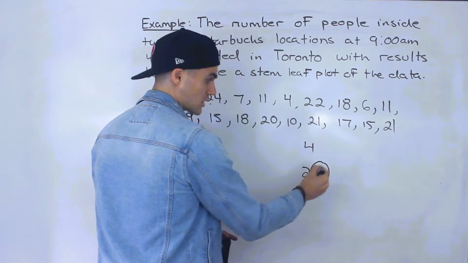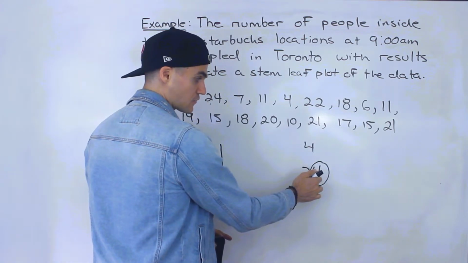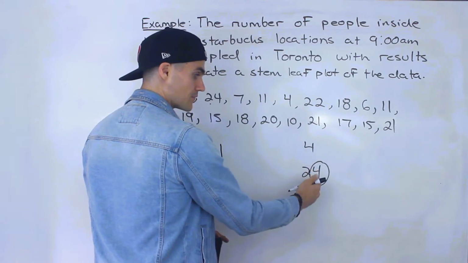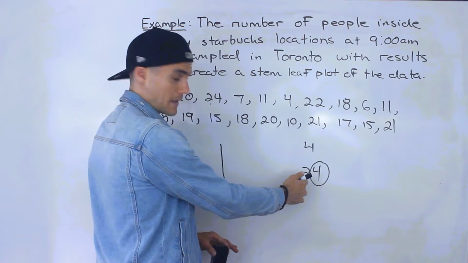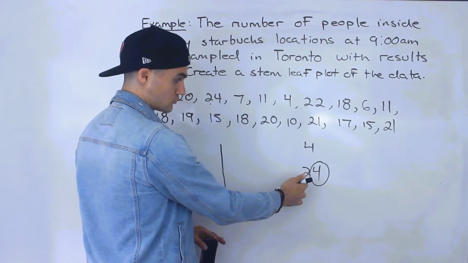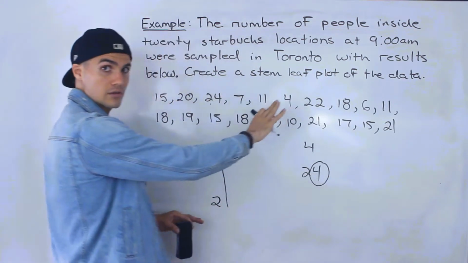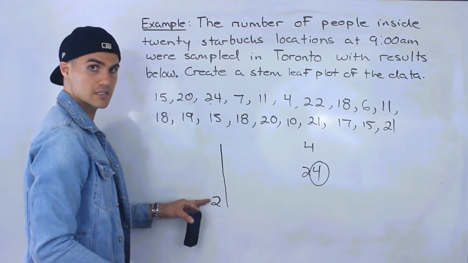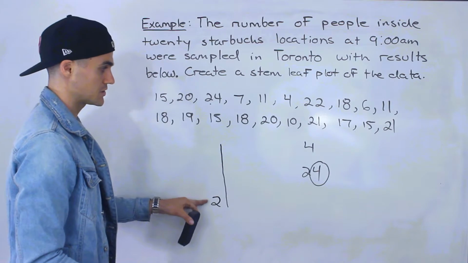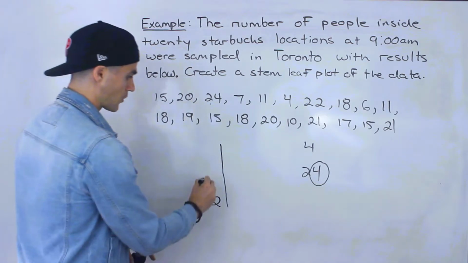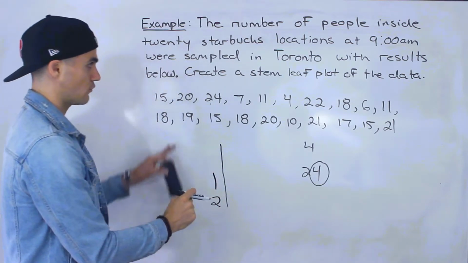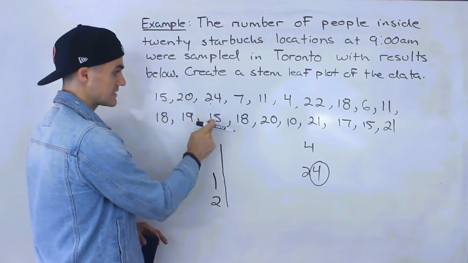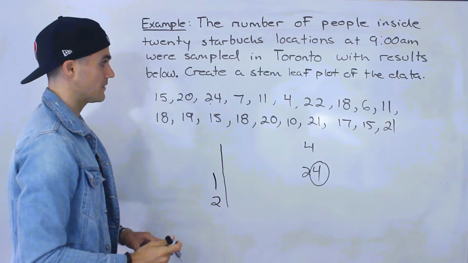The rightmost digit of the highest number, 24, is the 4, so the remaining digit is 2. Then we're also going to have a stem of 1, for all of the observations starting with a 1, like this 18, this 19, this 15, etc.